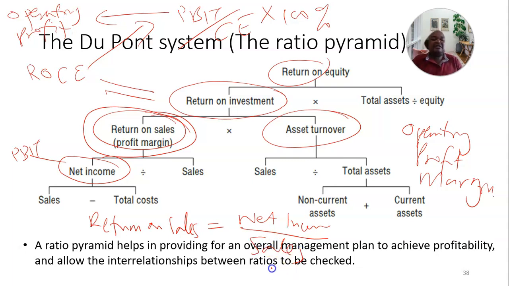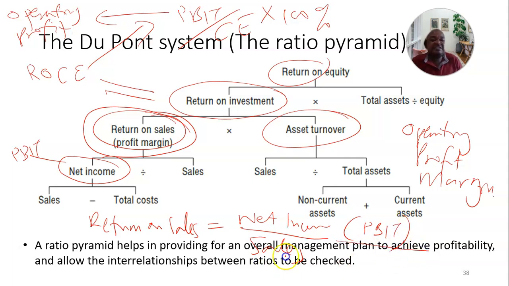All right. And like I said, for you to accurately compute the operating profit margin, you have to tell yourself that the return on sales, the net income in question, should be the profit before interest and tax.